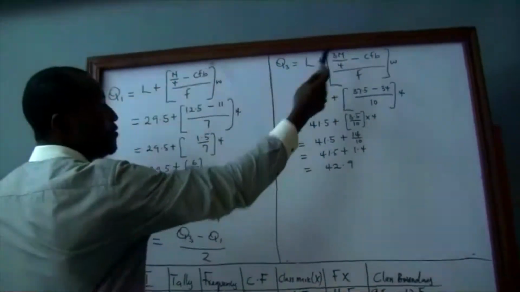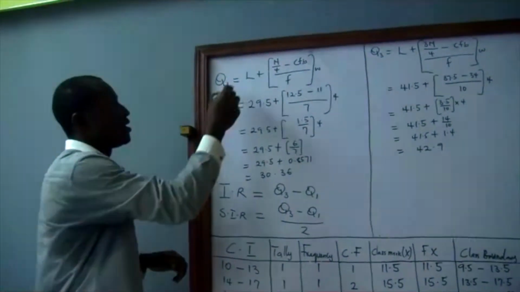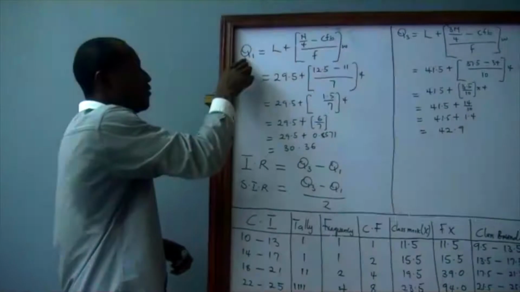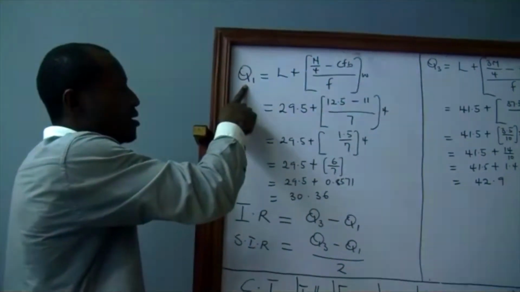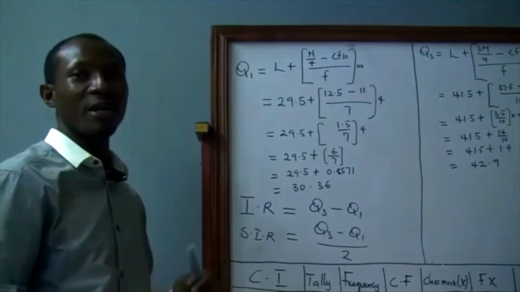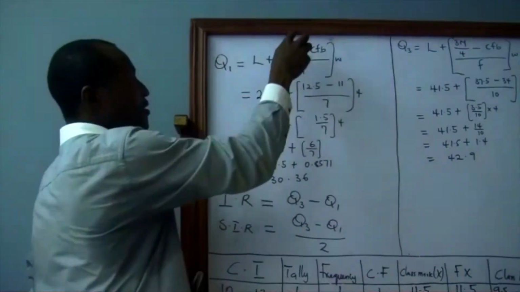And that is the only different thing in the formula. So, L is now the lower class boundary of the first quartile class, the Q1 class. N over 4, since we are dealing with quartile, we divide the summation of f by 4. And that's 50 divided by 4.